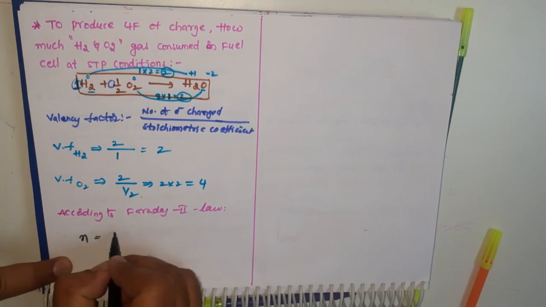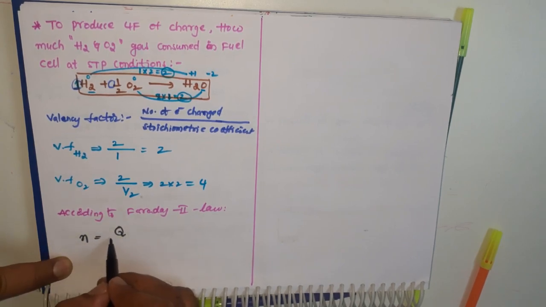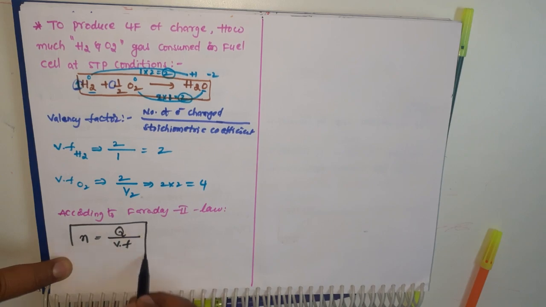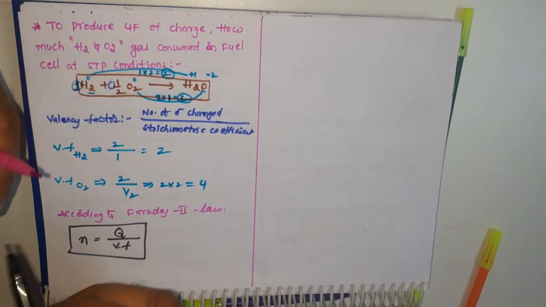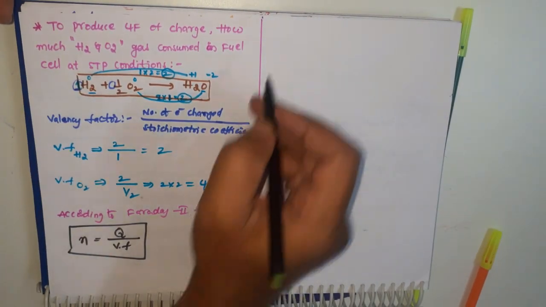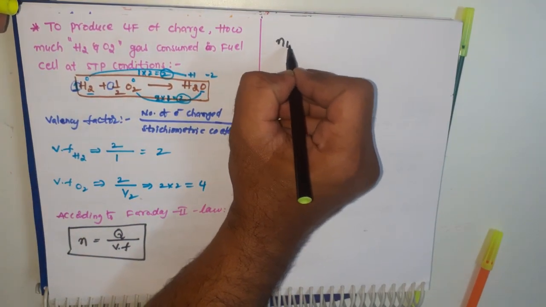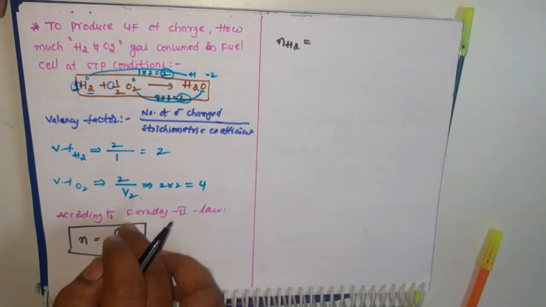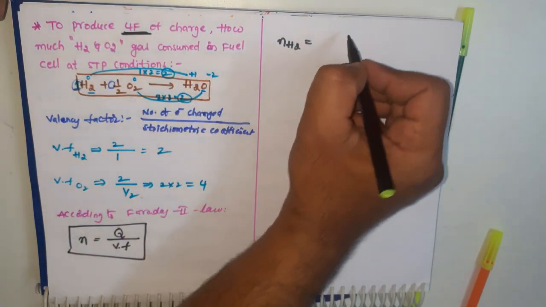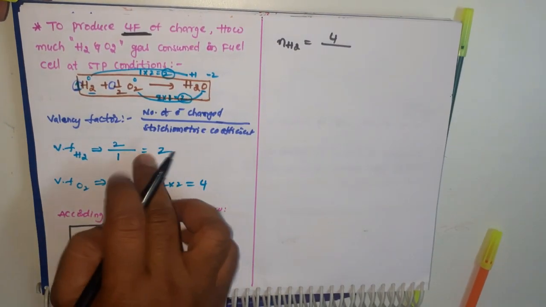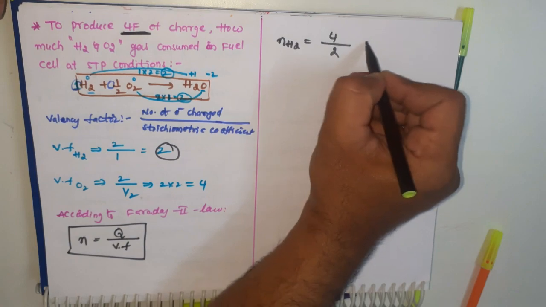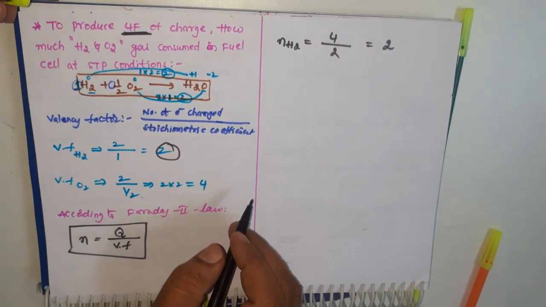N is equal to Q by valency factor. This is the formula according to Faraday's second law. Now we find the number of moles of H2. What is the Q given here? The charge is 4 Faradays. The valency factor of hydrogen is 2. So the number of moles of H2 is 2.